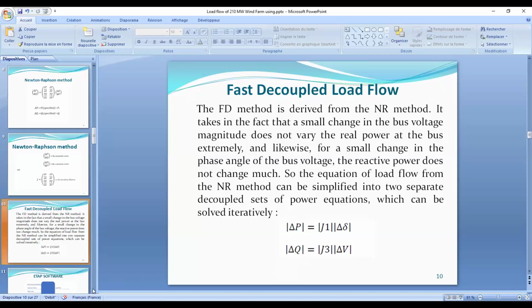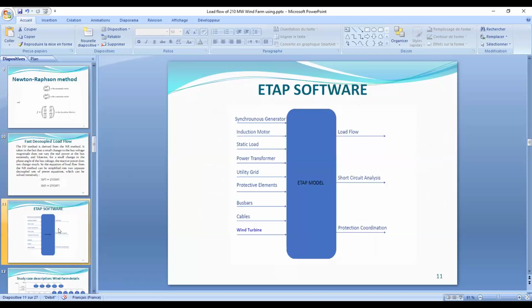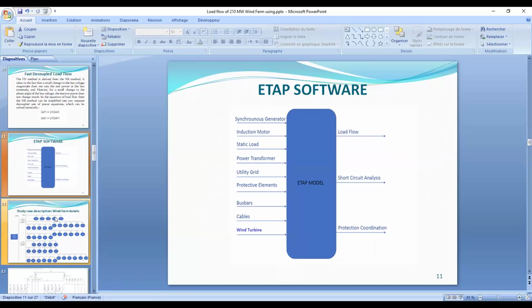Now, the ETAP software. Our simulation is carried out in ETAP software. This software offers a complete solution to all electrical problems such as power flow, transient stability, arc flash and short circuit analysis, cable selection, relay coordination, and optimal power flow.